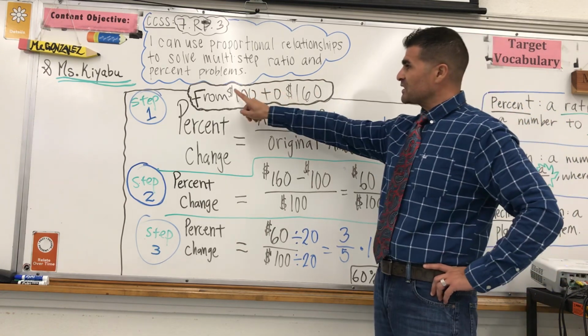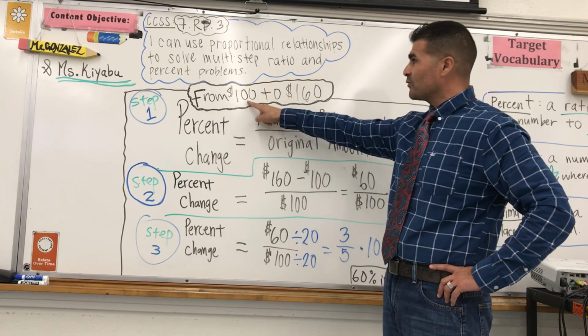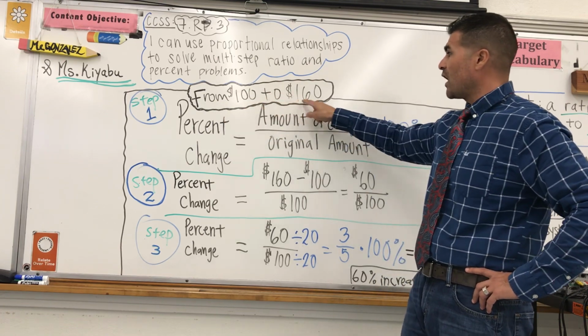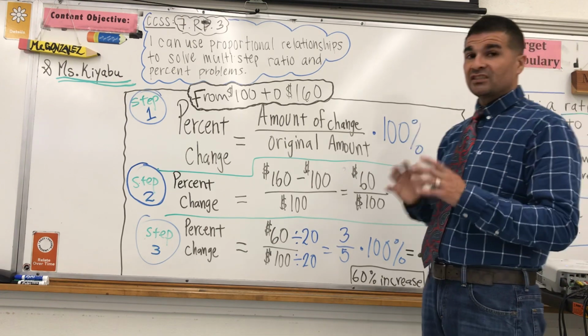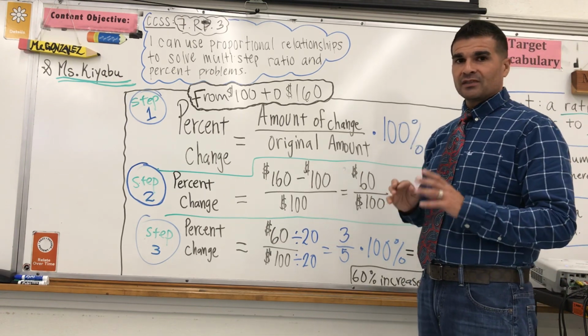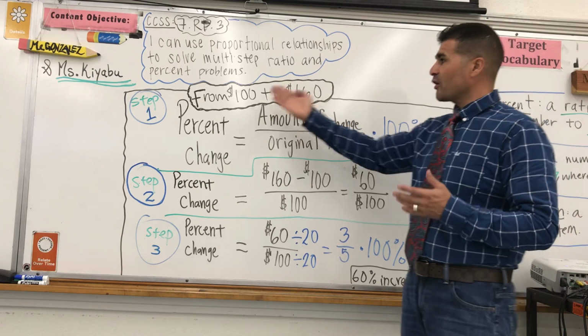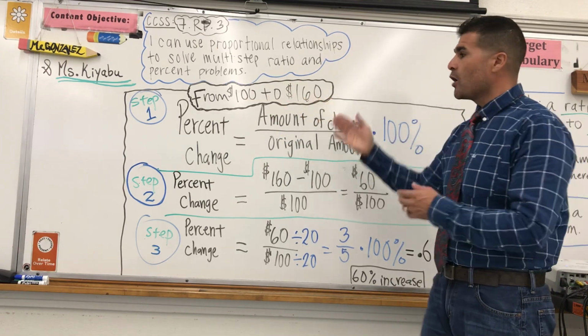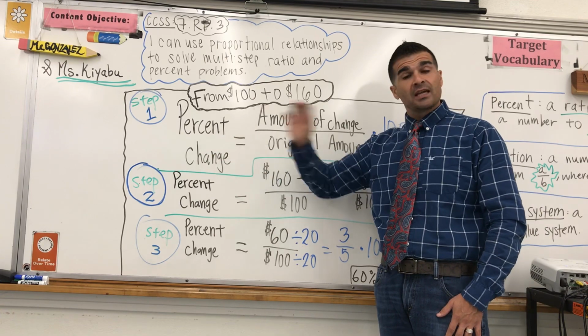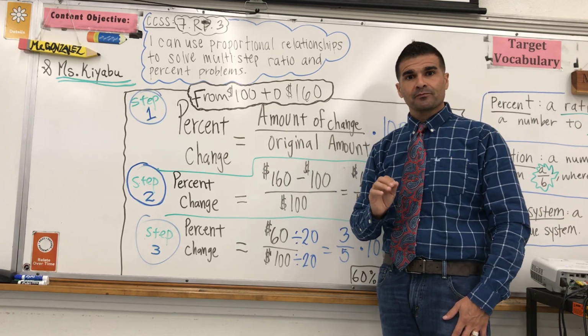So for this percent change, we're going to say from $100 to $160. And this is going to be a change of $60. So we want to figure out, if you're starting from $100 and you're going up to $160, what the percent change is, not the money change.